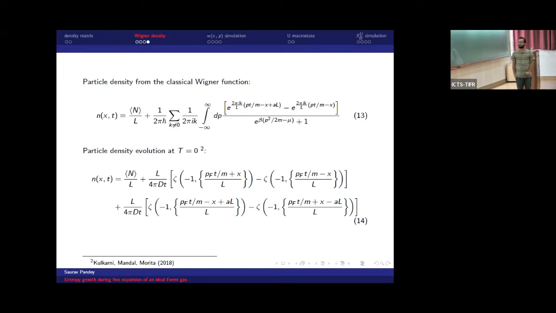So this is an exact closed form expression for the evolution of the particle density at 0 temperature. This happens to match exactly with an earlier paper by Manas and others in 2018, where they studied various quench protocols for a Fermi gas at 0 temperature only. So this happens to match exactly.